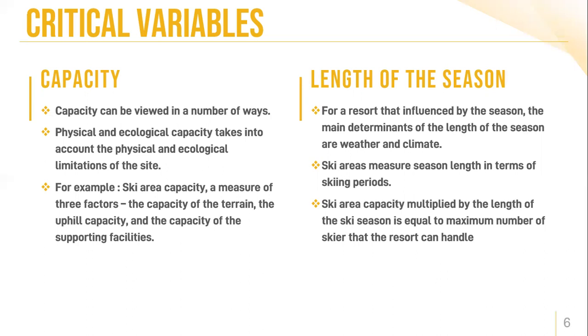Okay, so ski area capacity. This is the formula that you have to know. Ski area capacity multiplied by the length of the ski season is equal to the maximum number of skiers that the resort can handle.